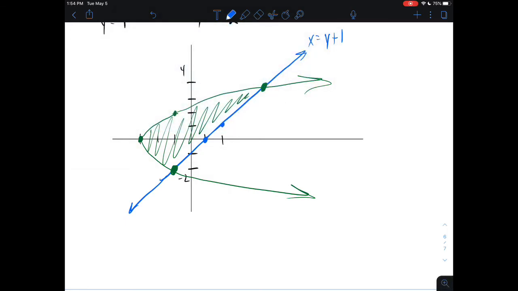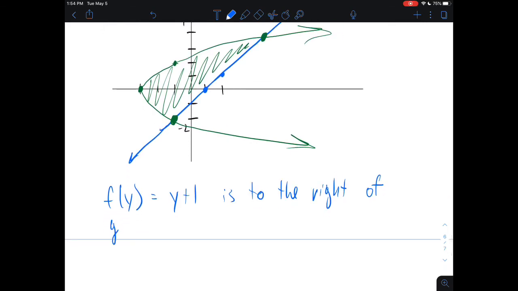So here we can see that f of y, which is equal to the line y plus 1, is to the right of g of y, which we said was the parabola 1/2 y squared minus 3, in the interval where y is between -2 and 4.